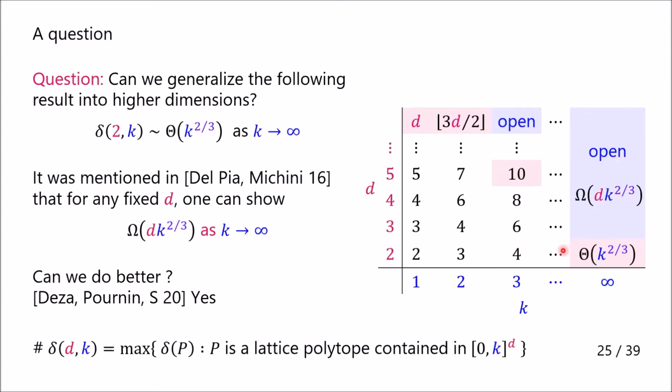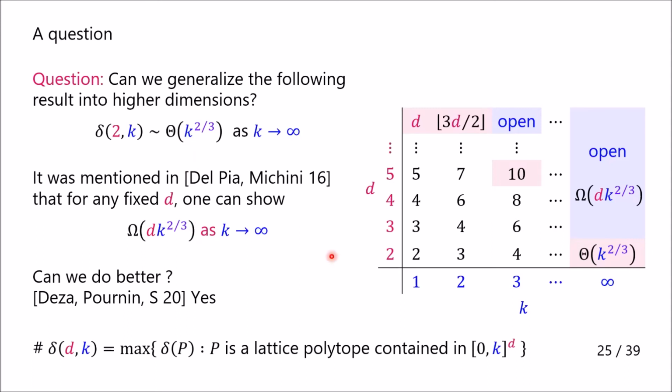And in view of this table, it would be natural to ask whether we can generalize this asymptotic estimate into higher dimensions. And it was mentioned in the paper by Del Pia and Mincini that for any fixed d, we can show an asymptotic lower bound like this by considering the Cartesian product of polytopes using this result.